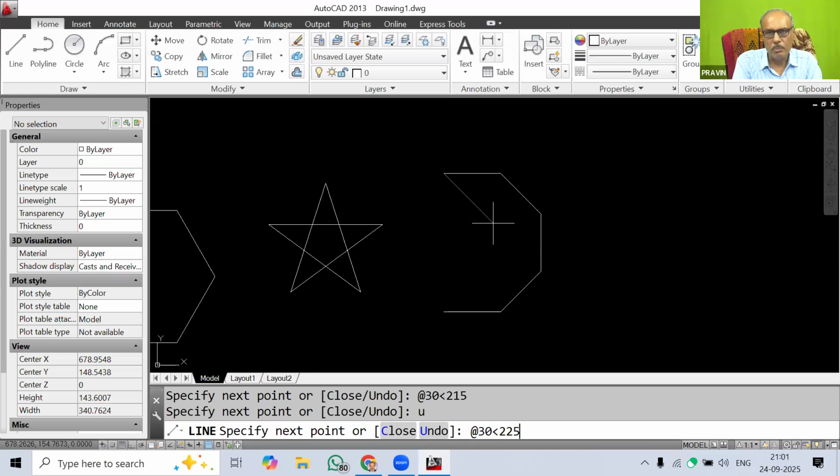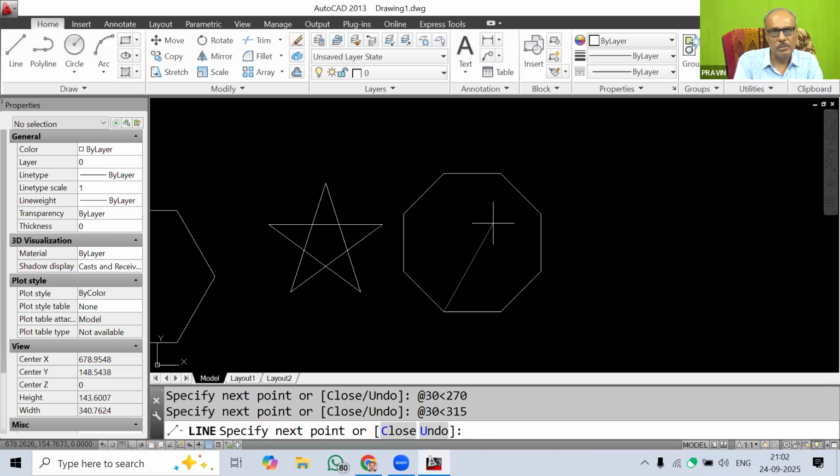We have to increase by 45 degrees. And now then @30<270. So 270, and then @30<, 270 plus 45, so it will be 315.